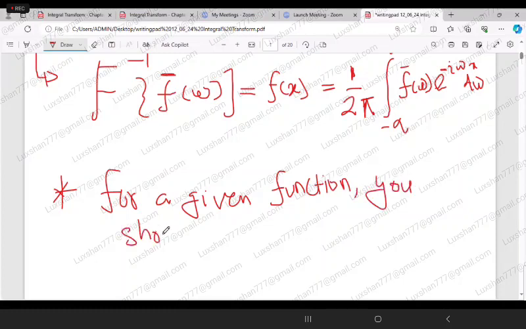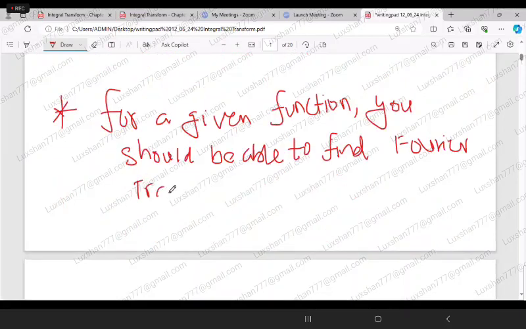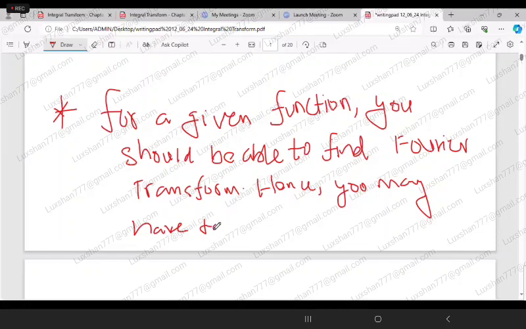You should be able to find the Fourier transform, and hence you may have to find the given integral.